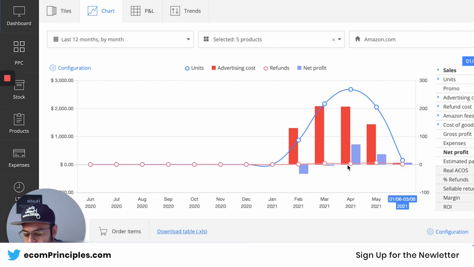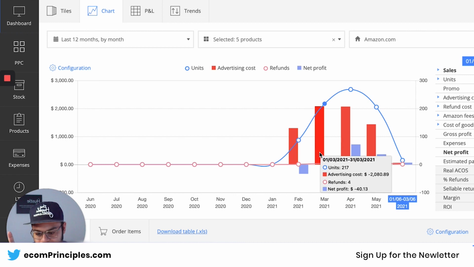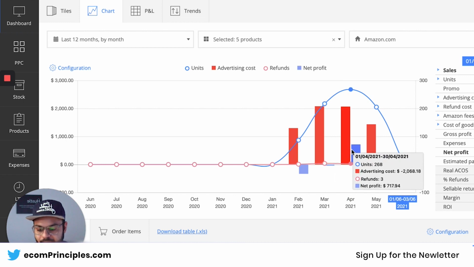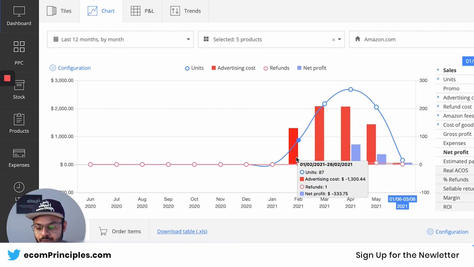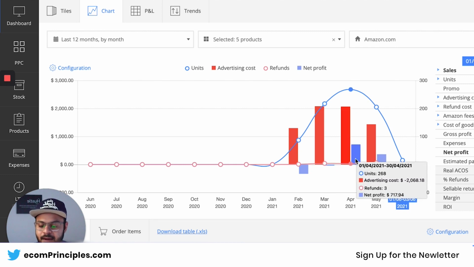And now if you look at April, we have gone on the green side. We have now made about $700 in profit. If this is incremental, I sold about 87 here and about 217 here, which if you do the math is probably 300 units, and then somewhere close to 500 is exactly when I'm tending to profit.